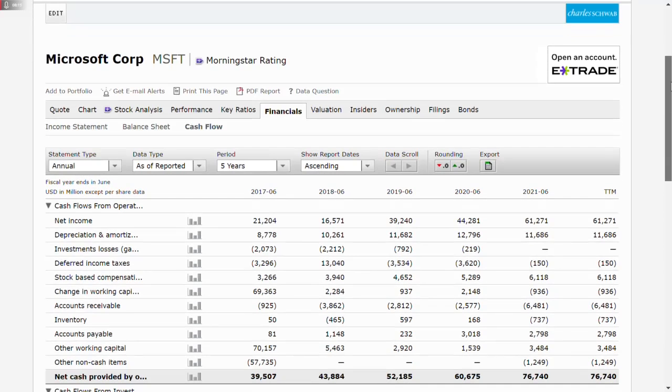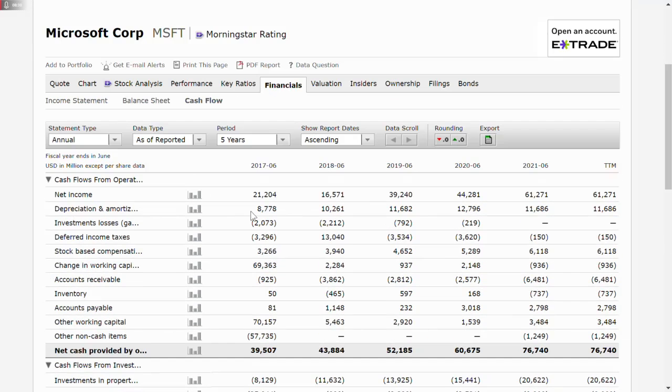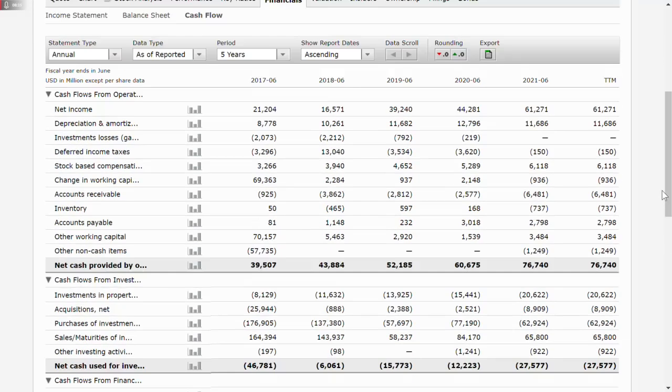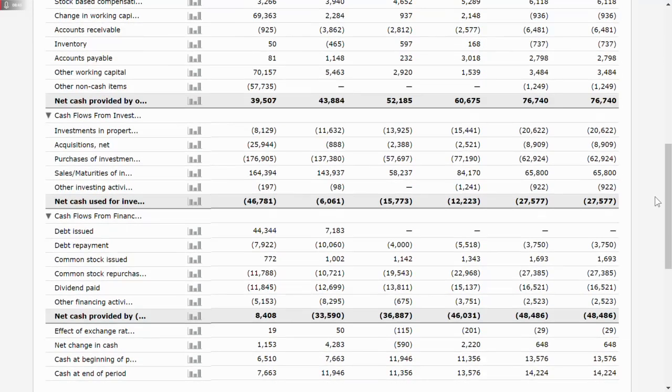So on the cash flow statement, which is probably the one I look at the most, I do a quick eyeball. I look at the net income line. And so net income provided by operations was 76.7, and then the amount used for investment or reinvestment at 27.5.